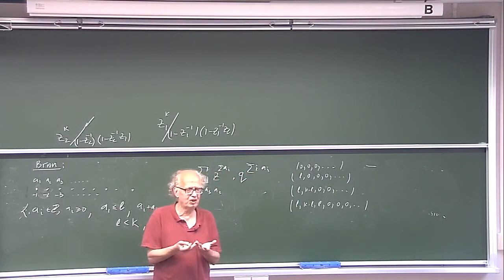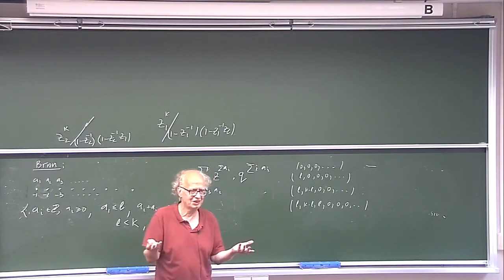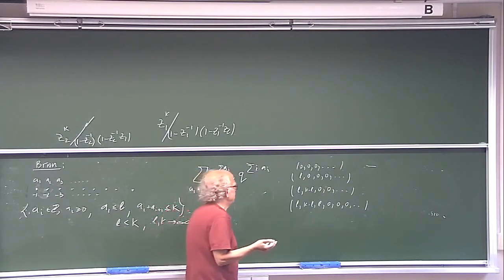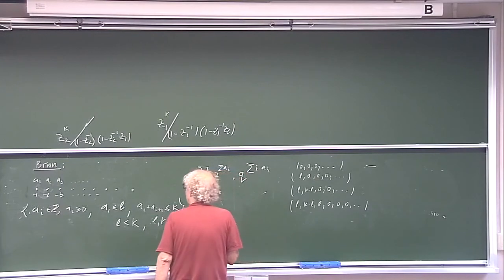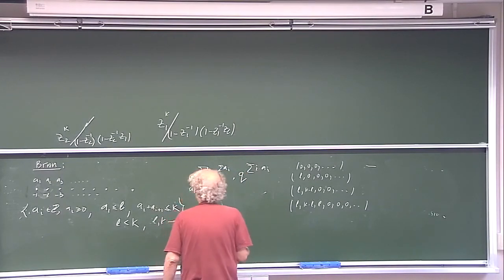So from his point of view, it is just a polynomial ring. And the character of a polynomial ring, what is it?